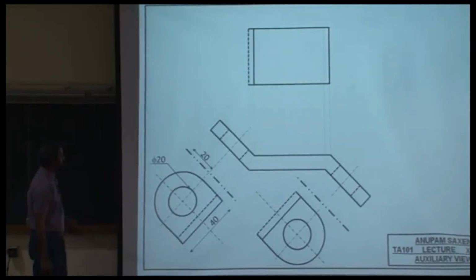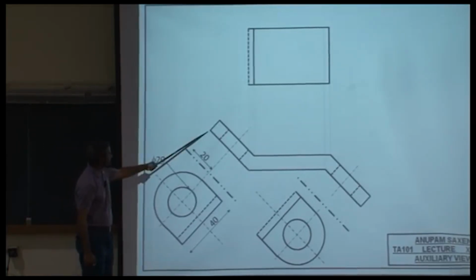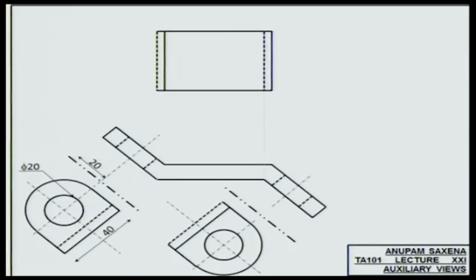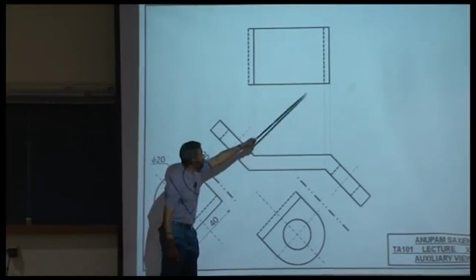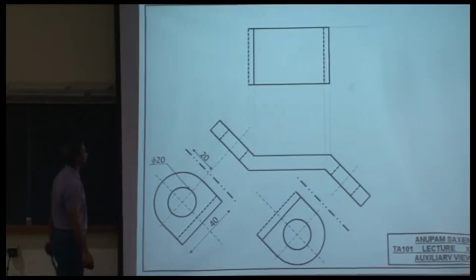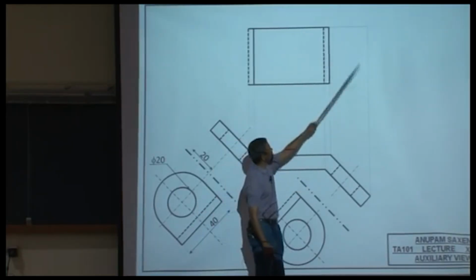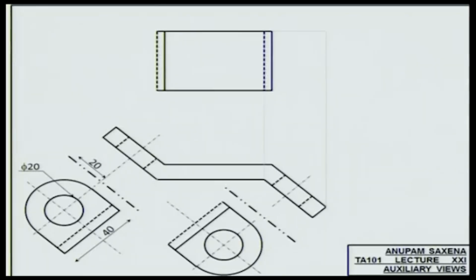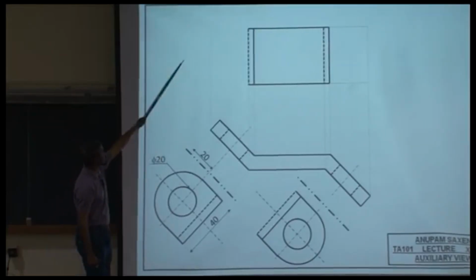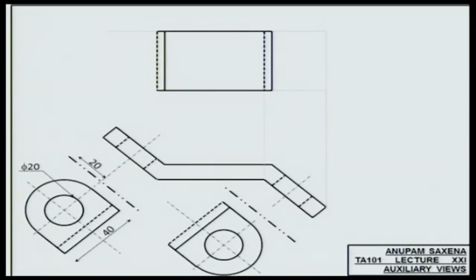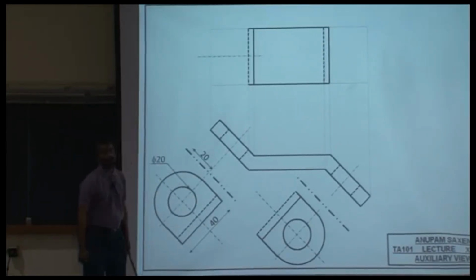Likewise, I can take the vertical projections from these edges. So this edge is going to be hidden over there. I can take the vertical projection from there. This edge is going to be visible. Likewise this edge. And over here, vertical projection up, horizontal, horizontal, the center line.